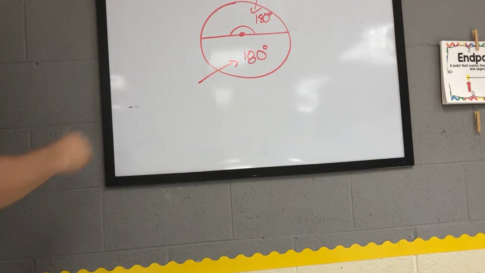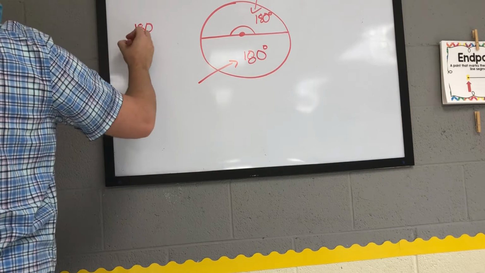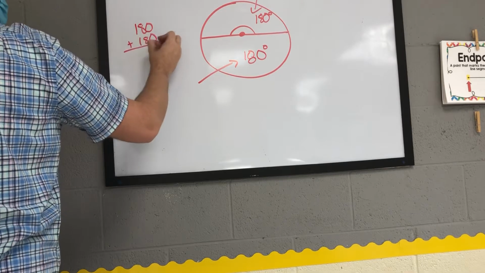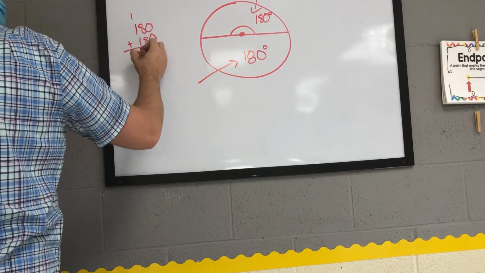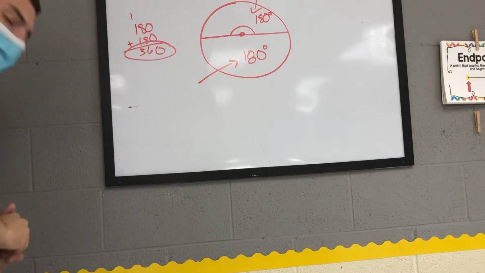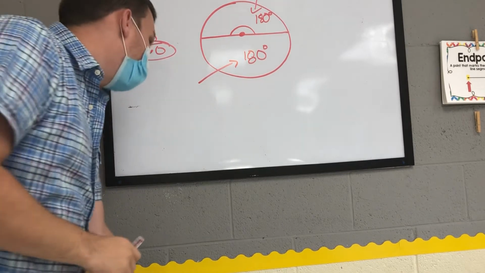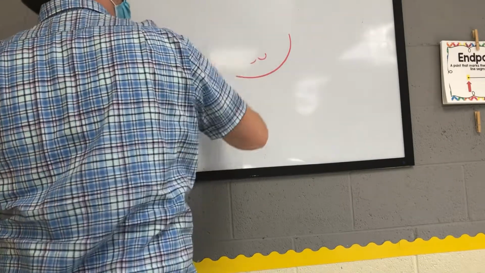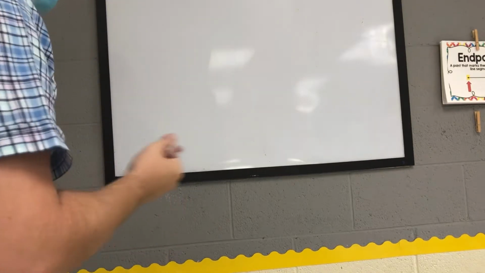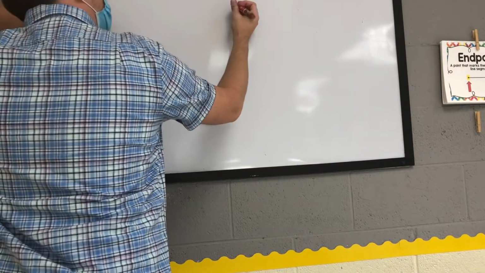And 180 plus 180 equals, you guessed it, 360. So that's another way to tell how many degrees an angle is.